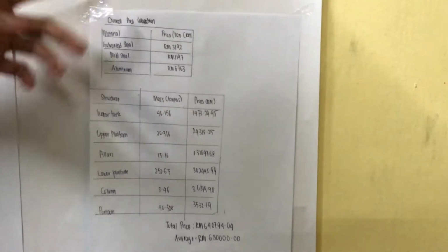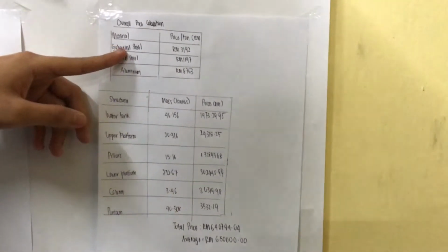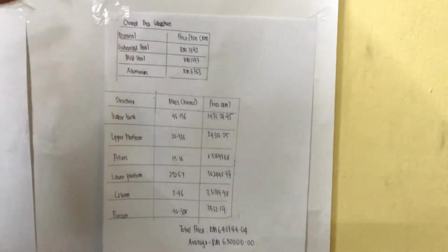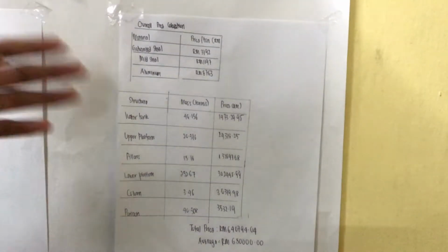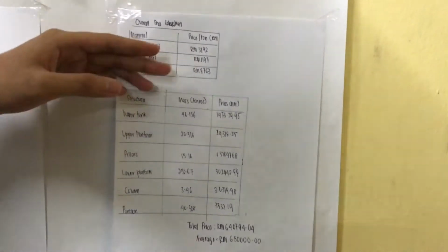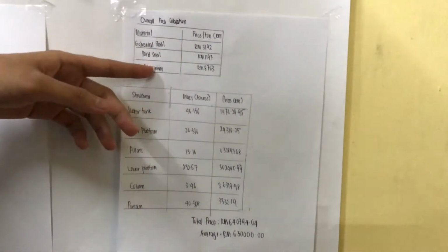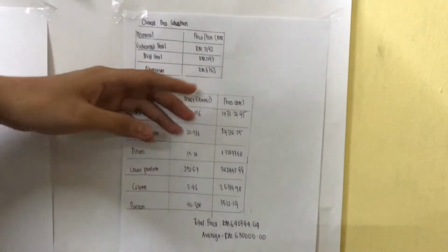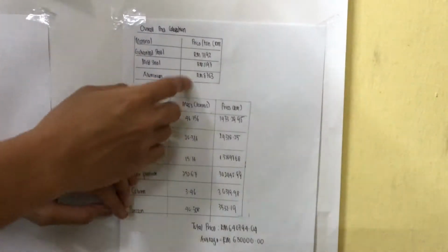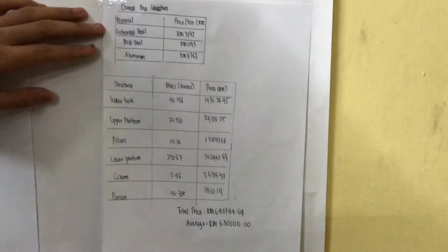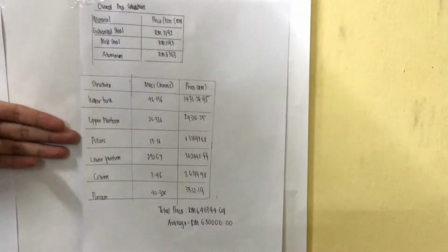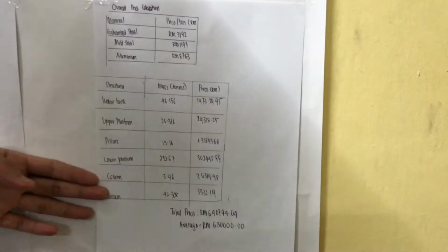The price per ton for galvanized steel is 3,192 ringgit. For mild steel, the price per ton is 1,197 ringgit, and the aluminium price per ton is 8,763 ringgit.